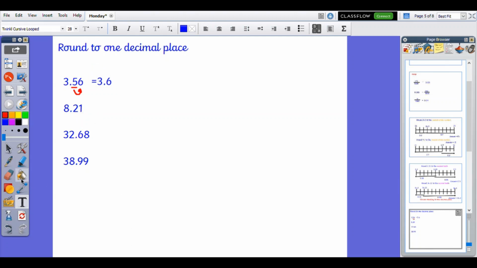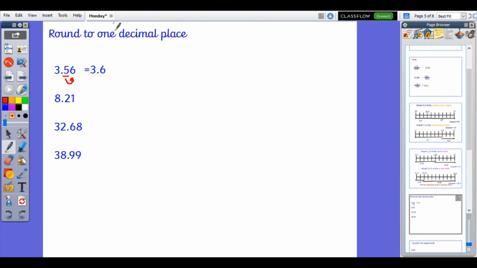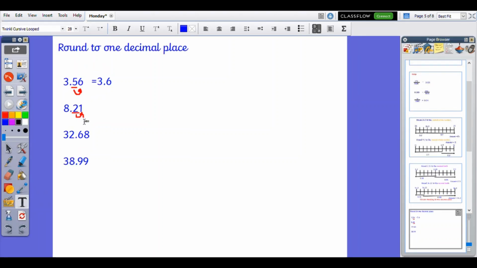And then again, we've got this one here, so it's asking us to round to one decimal place, so we're finding the nearest tenth. So I'm going to help myself by underlining the tenth, and then I'm going to use the hundredth to help me. So the hundredth is less than 5, so we're going to keep our tenths the same.